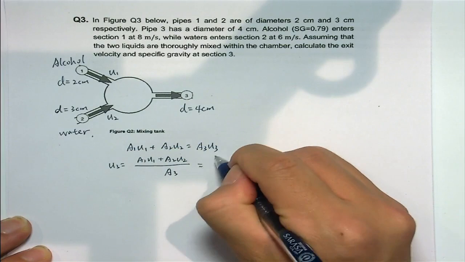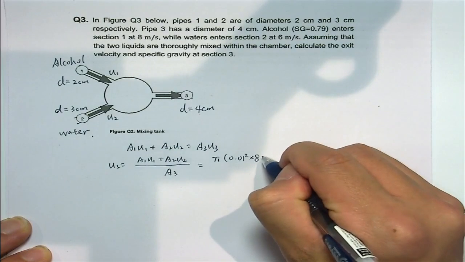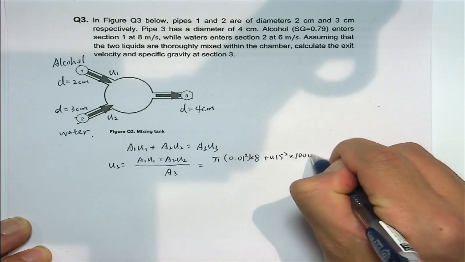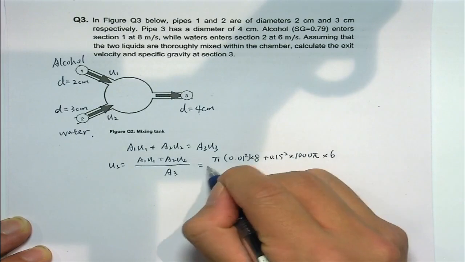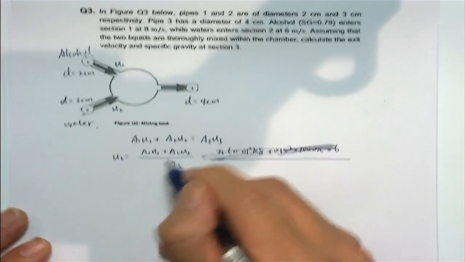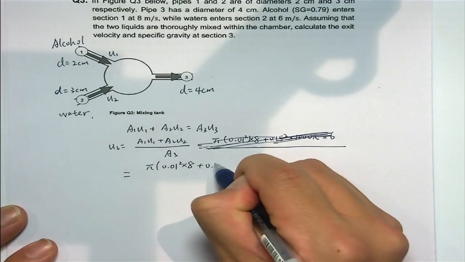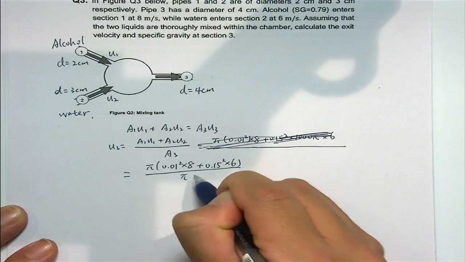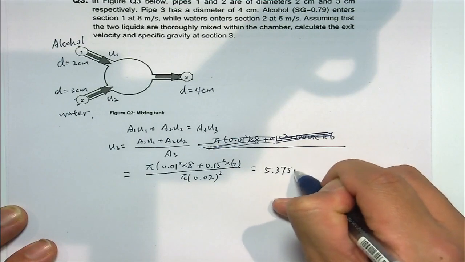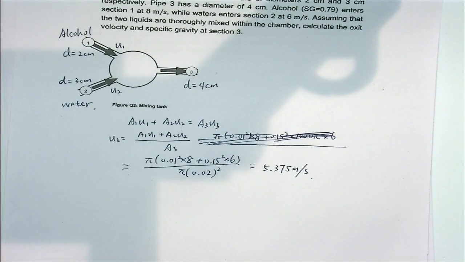So we can calculate it, which is pi... and we can get the velocity, based on the continuity equation for the volume.